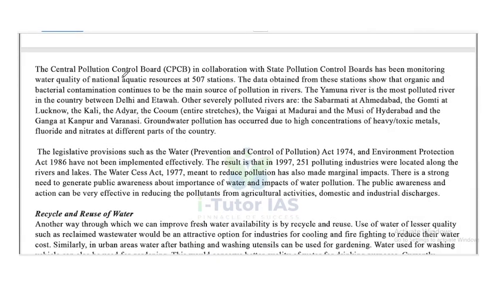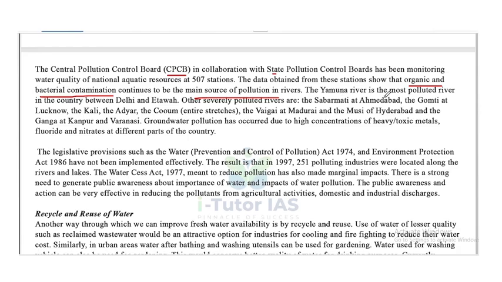The Central Pollution Control Board (CPCB), in collaboration with the State Pollution Control Boards, has been monitoring water quality of national aquatic resources at 507 stations. The data obtained from these stations shows that organic and bacterial contamination continue to be a main source of pollution in rivers. Okay, so organic and bacterial contamination is the main source of pollution in rivers.